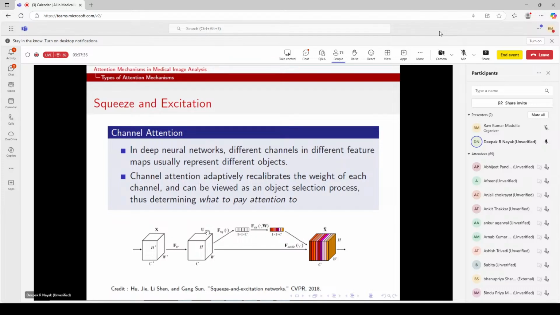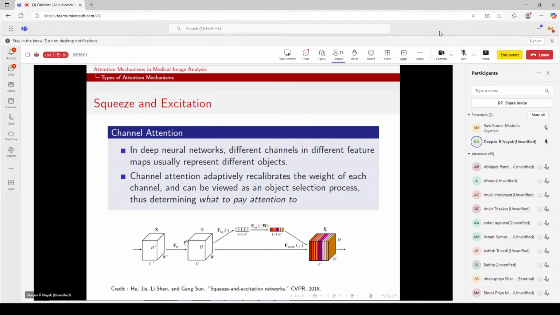If you look at the channel attention over here, there are C number of channels, right? Different channels in a feature map usually represent different kinds of objects. This is just the result after applying different types of filters over a feature volume. So channel attention adaptively adjusts the weight of each channel.